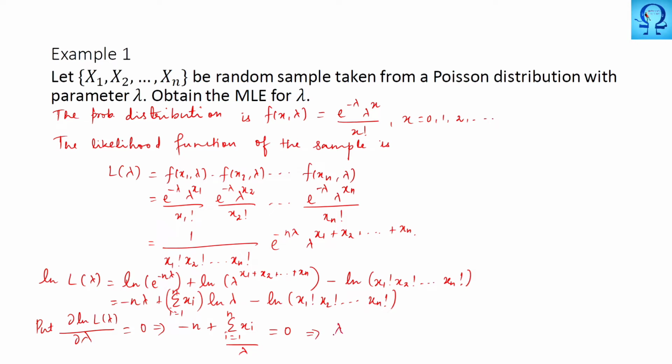So from which what we get is this summation i runs from 1 to n xi upon lambda is simply n. So lambda is summation i runs from 1 to n xi upon n. So this is our maximum likelihood estimator for this lambda.